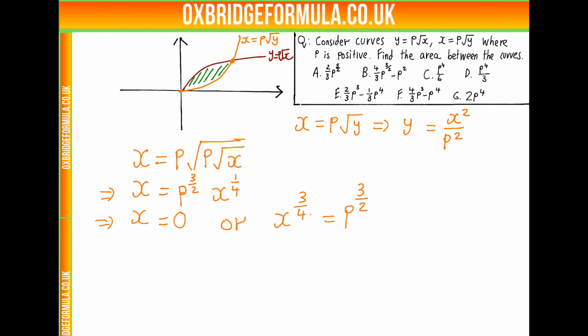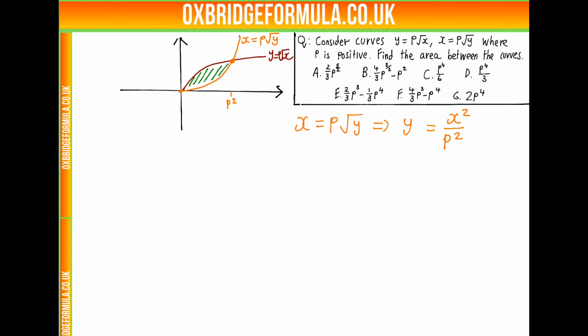Now from here, if we raise both sides to the power of 4 over 3, hopefully we'll get x on its own. Indeed we do. So x is p to the 3 over 2 to the 4 over 3. Then we can times these powers and obtain x equals p squared. So we know the x coordinate of this intersection point is p squared.